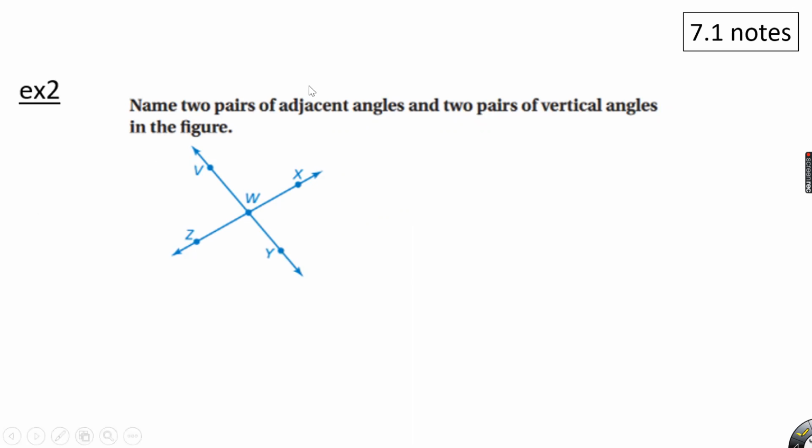So I'm only asking you to name two pairs of adjacent angles. So I'm going to say ZWV. Notice how I'm using what I learned yesterday to name the angle because I'm going for ZWV. I'm looking at this angle right here.